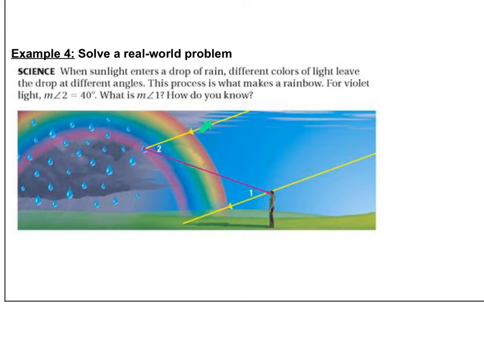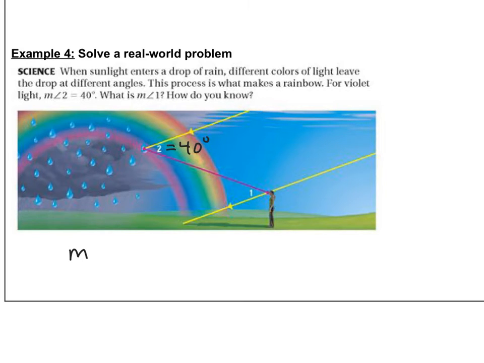So we have this line right here and this line right here that's telling me that they are parallel. So if I have an angle measure here, let's go ahead and mark it so we know this is equal to 40 degrees. So if I have an angle measure there and I'm trying to find an alternate angle on the other side of a transversal, I'm alternating sides. I'm in between the parallel lines, so they're alternate interior angles.